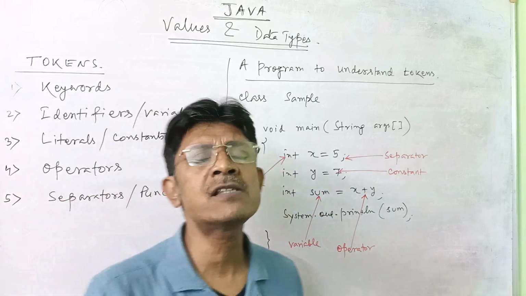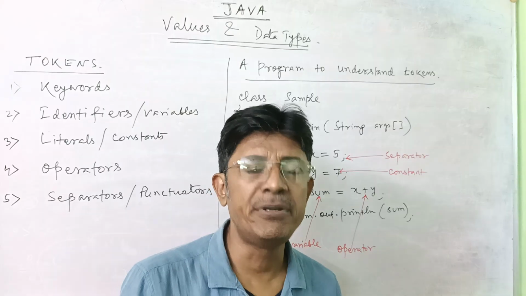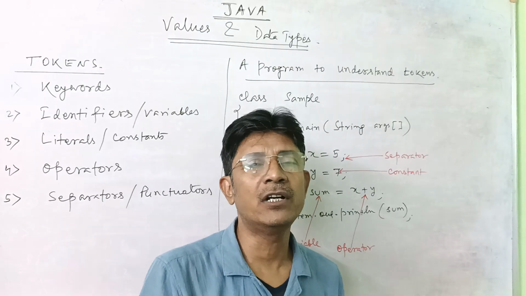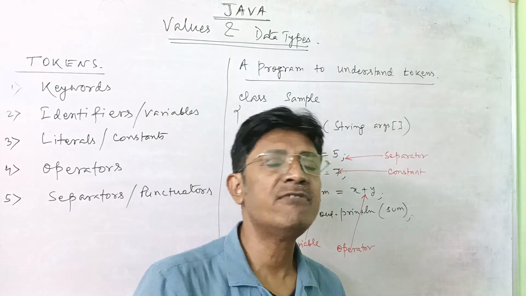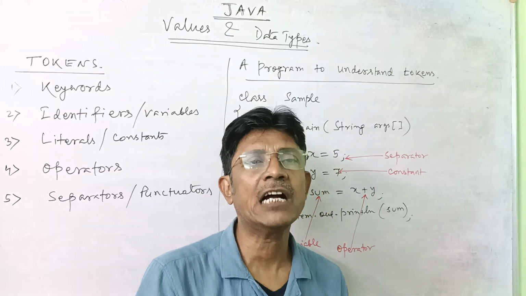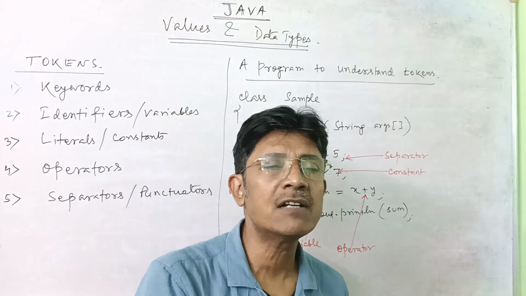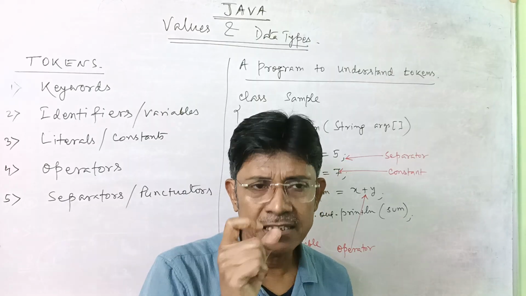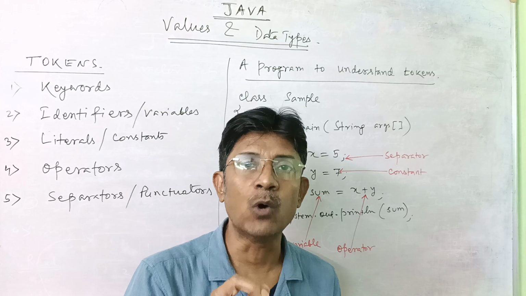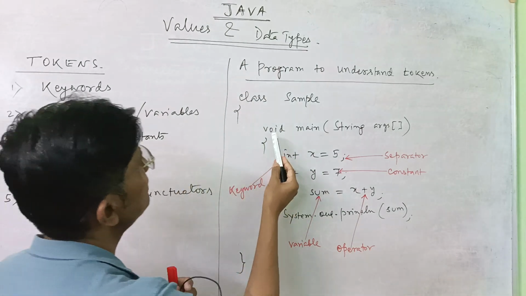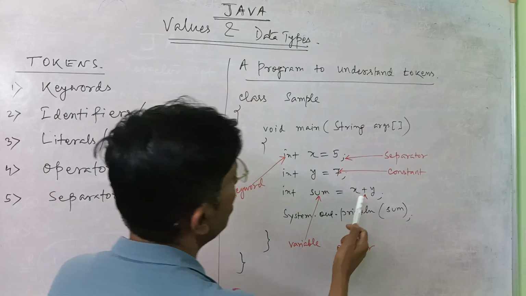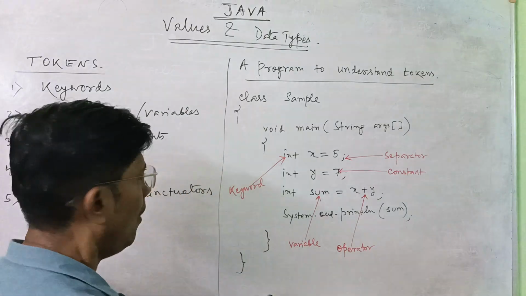Like any person's name or a bridge or river name that is already popular, we can't take it that way. We can't say your name is Howrah Bridge or monument. The words reserved in Java are called keywords, like void, class, int.